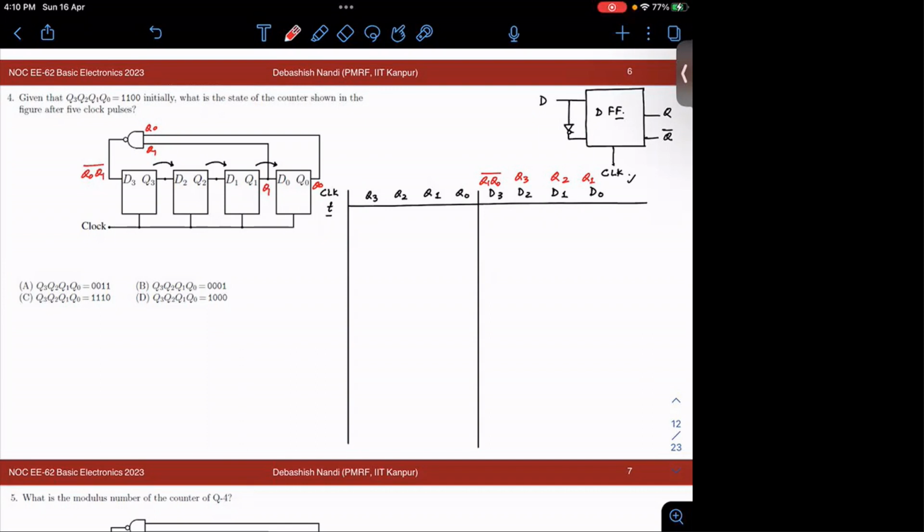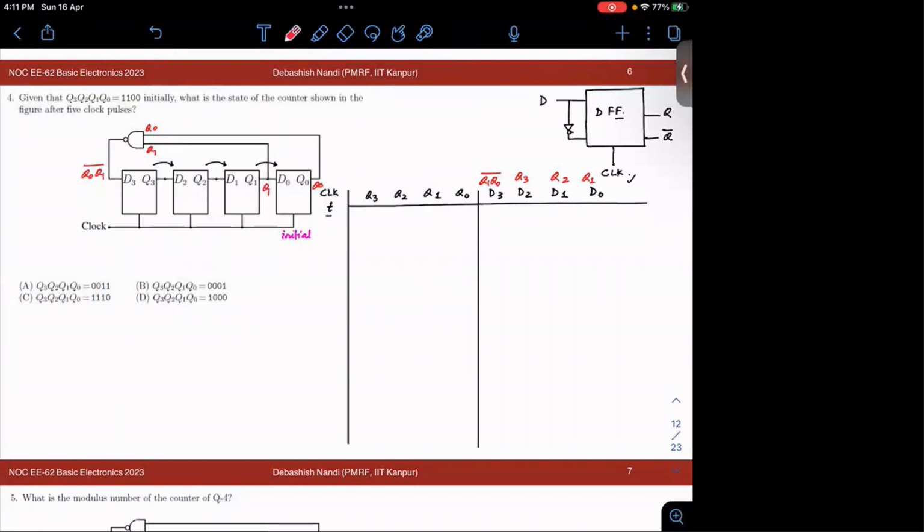So you see, now let me take the first clock cycle. Let me mention another column here, initial.